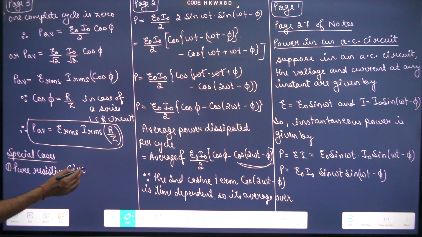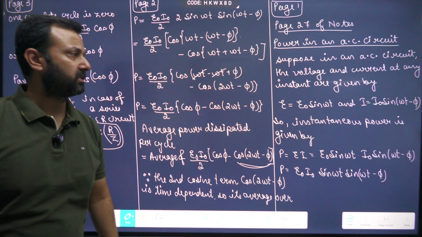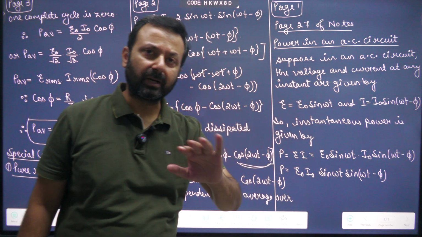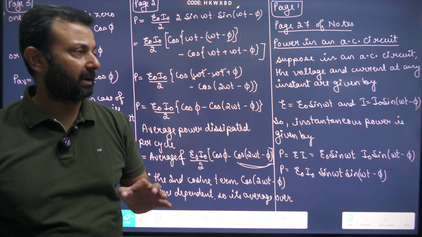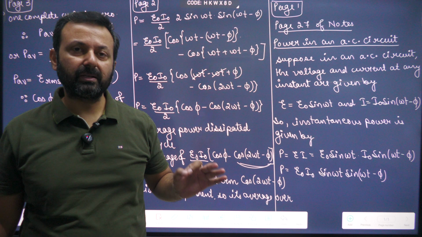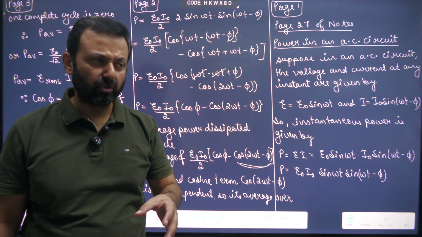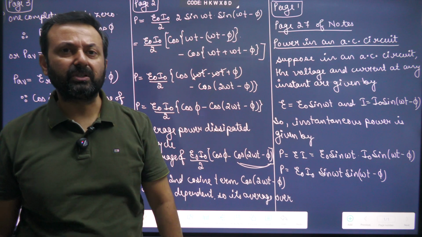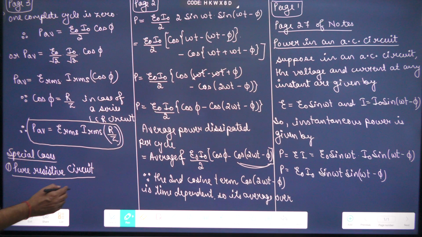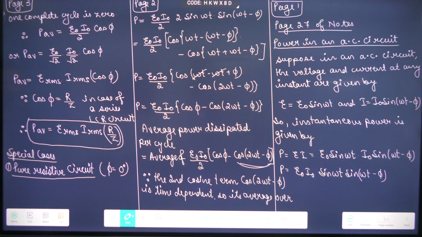In a pure resistive circuit, the EMF and current are in the same phase with each other, which means there is no phi. E is equal to E naught sine omega t, and I is equal to I naught sine omega t. So there is no phase difference, that is, phi is equal to 0 degree in case of pure resistive circuit.